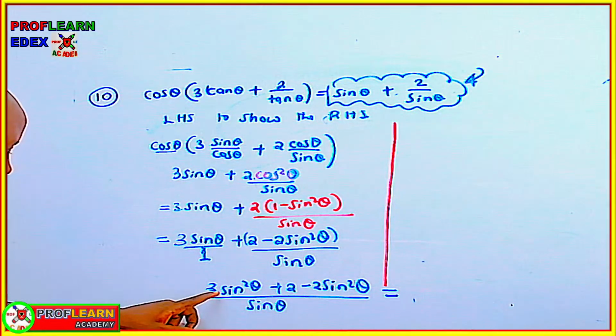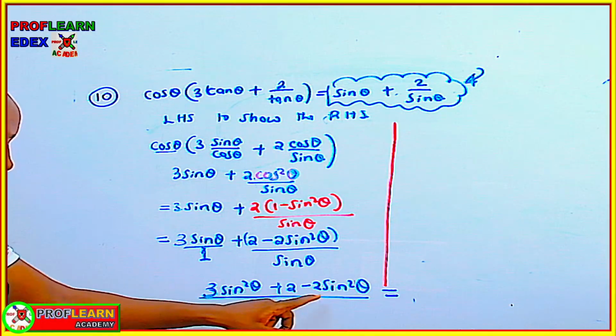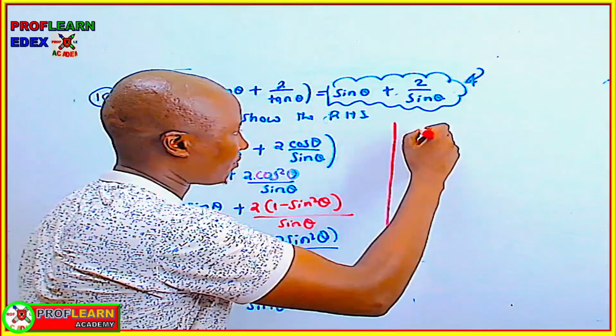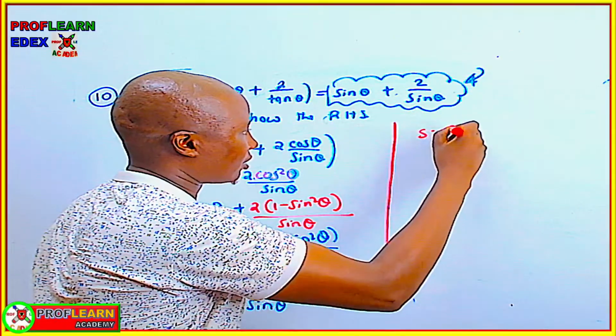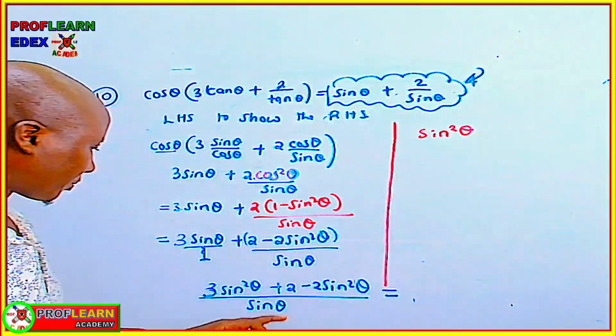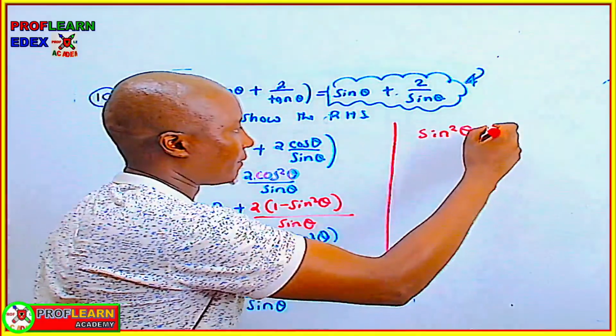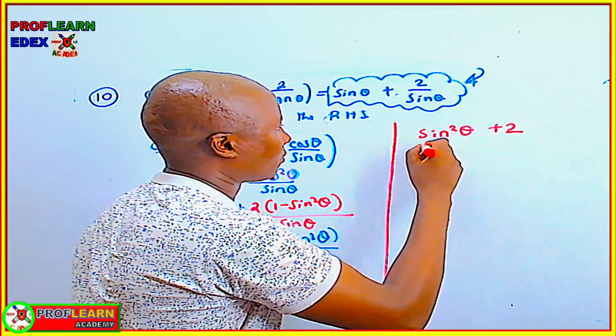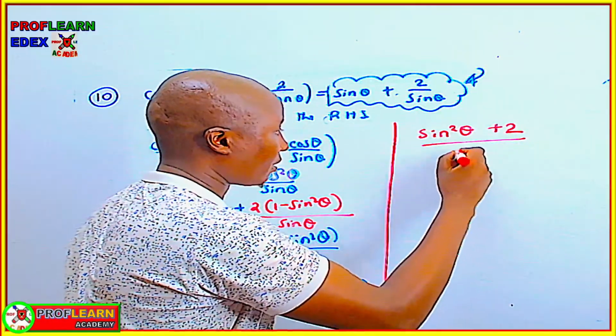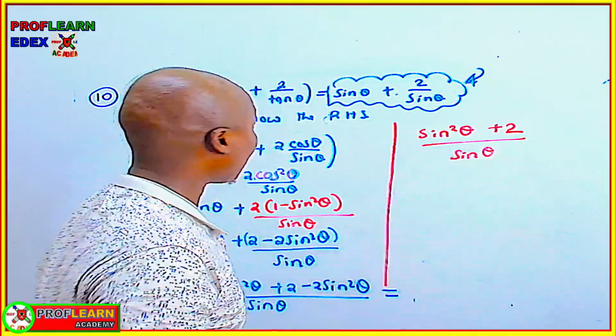So if we say 3 sine squared theta minus this, we are going to have sine squared theta plus 2 over sine theta.